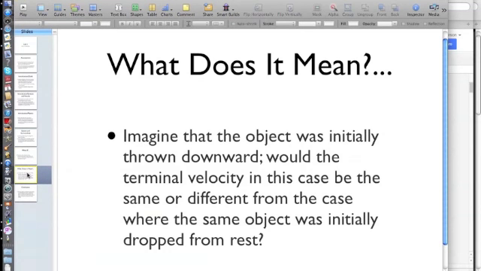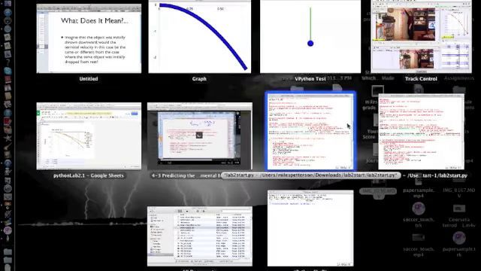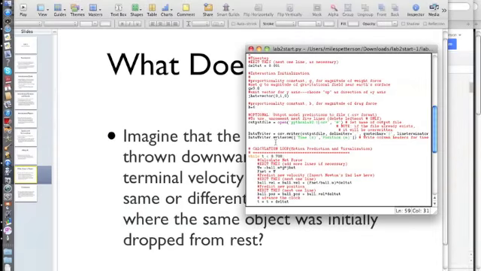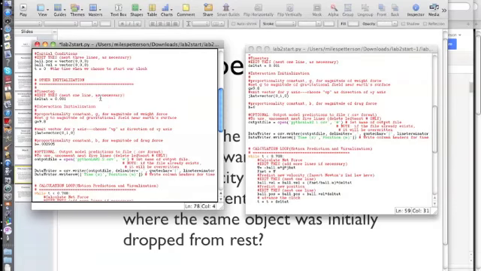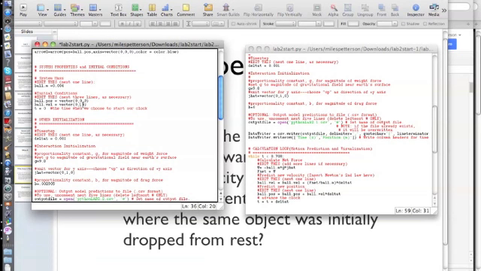What does it mean? Imagine that the object was initially thrown downward. Would the terminal velocity in this case be the same or different from the case where the same object was initially dropped from rest? We can model this in our program by adding an initial velocity. So say we have -5 meters per second.